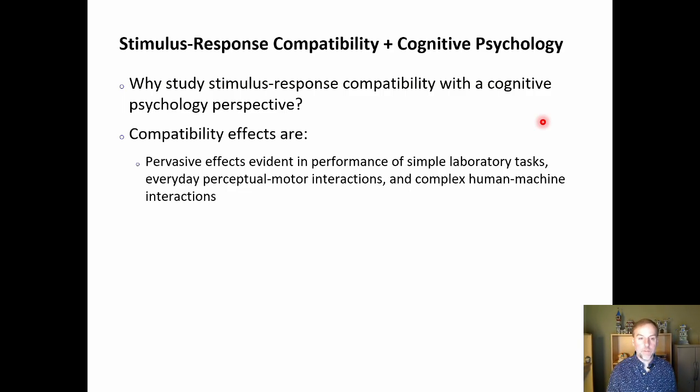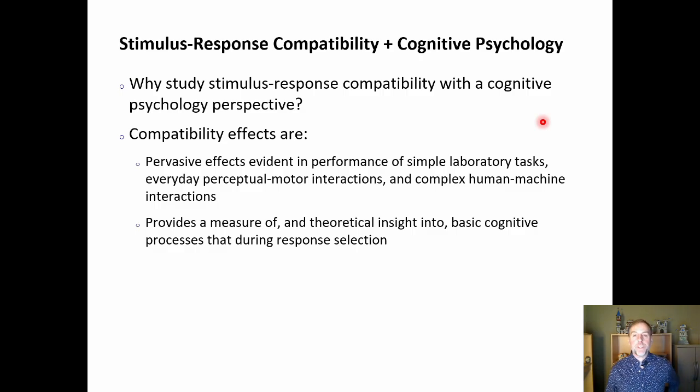Well, compatibility effects are these pervasive effects evident in performance of simple laboratory tasks like what we just saw with Professor Fitts, everyday perceptual motor interactions, so think your keyboard, and complex human-machine interactions. And this doesn't have to be flying an airplane, but even driving a car is a relatively complex interface.